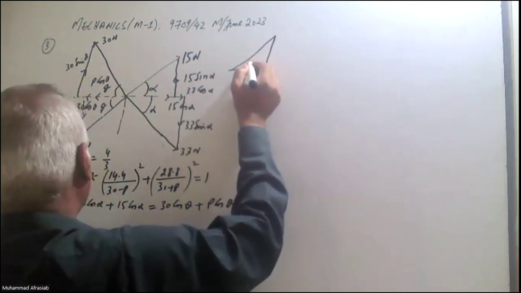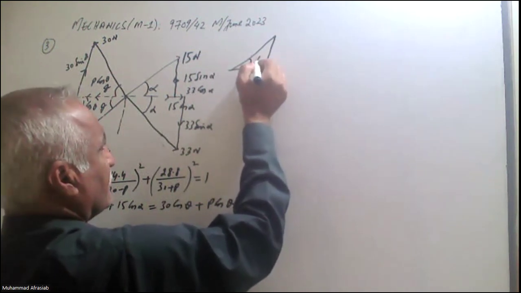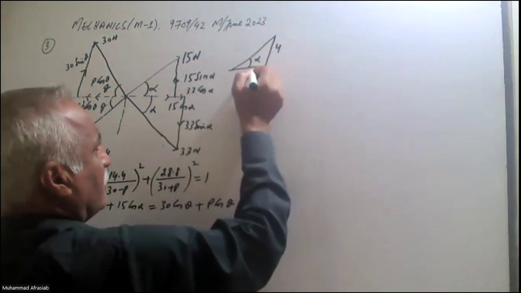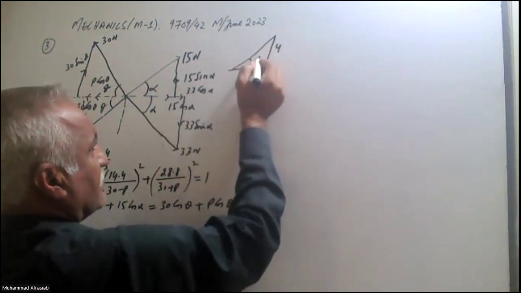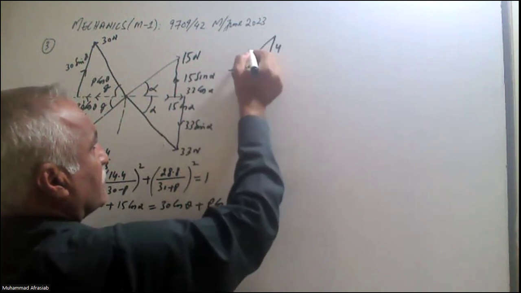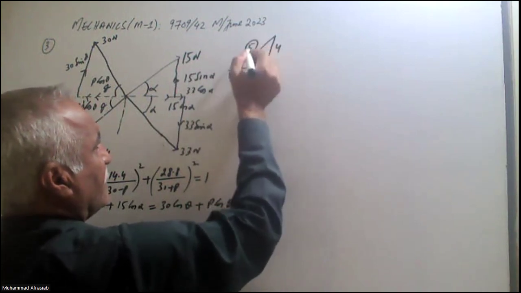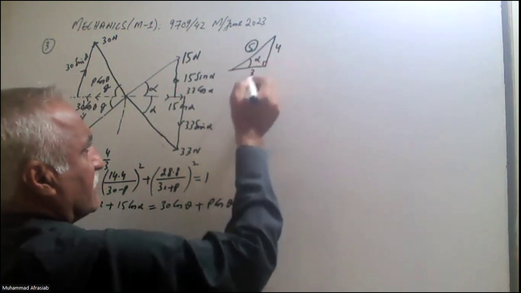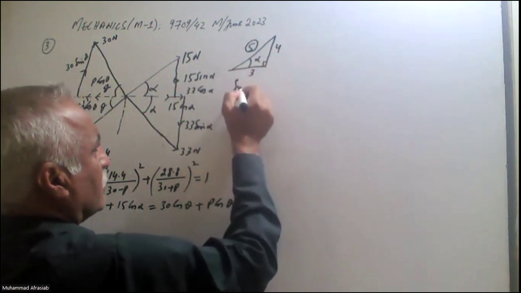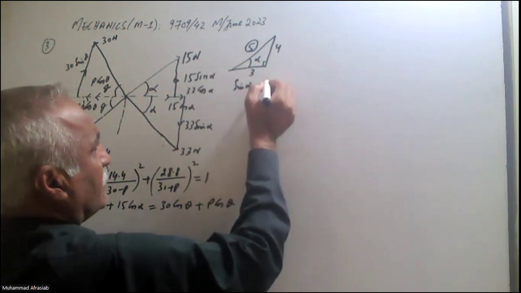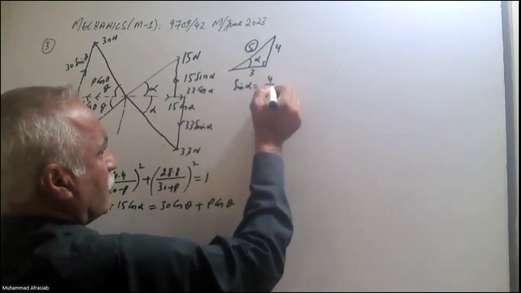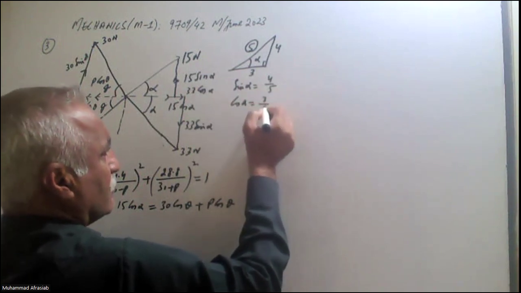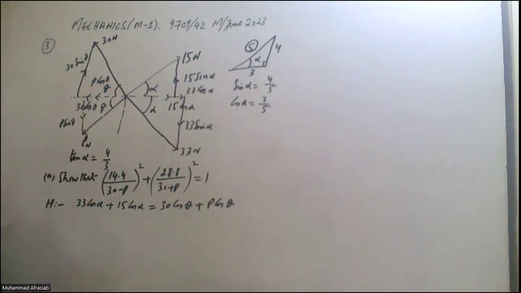So if it is angle alpha there, tangent of alpha means what? Perpendicular over base. So this is length 5, calculated by the right angle triangle there. So sine of alpha will be equal to 4 over 5 and cos of alpha is equal to 3 over 5.